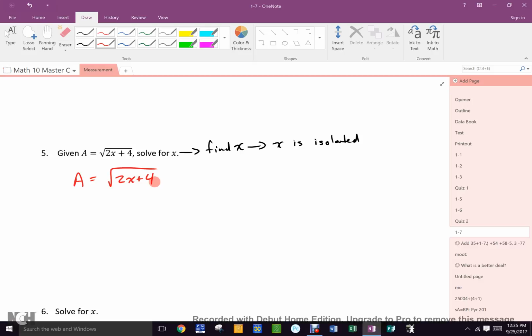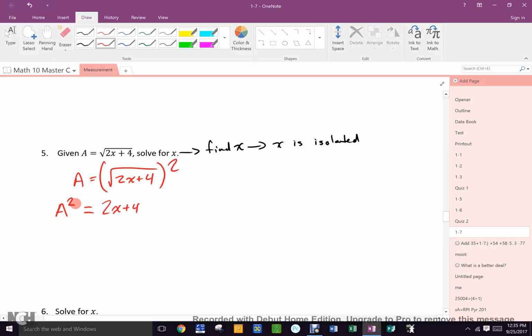What's the opposite of square root? Square. So if I square this side, does that get rid of the square root? Okay, so what would be left on the right? 2x plus 4. If I do something to one side, what do I do to the other side? Same thing. So what's going to be on this side? A squared. Everybody cool?